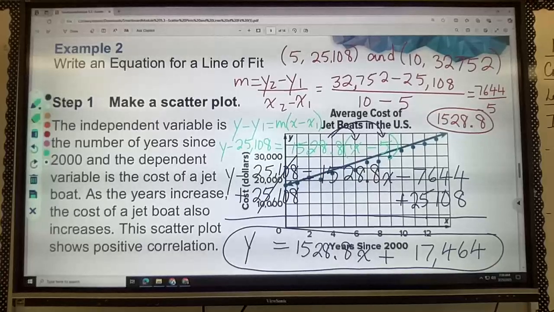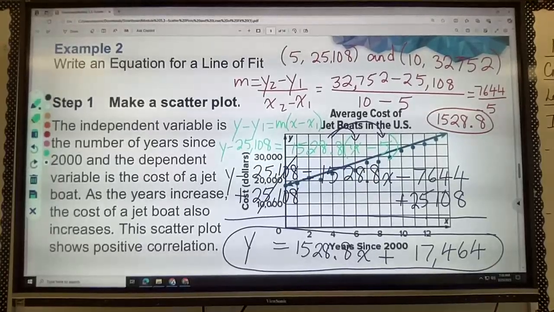Okay, so I'm going to now evaluate this, and let's look at this. It's saying use evaluation to predict the cost of a jet boat in 2005. Since the independent variable represents the number of years after 2000, the value of x is 2005 minus 2000, or 5.